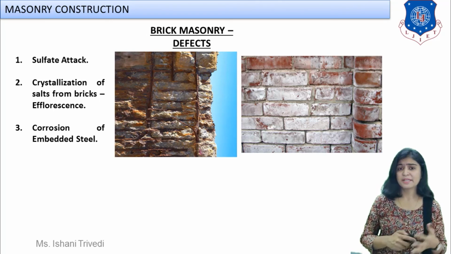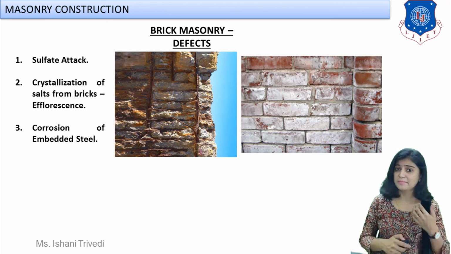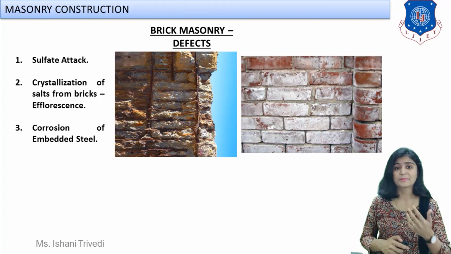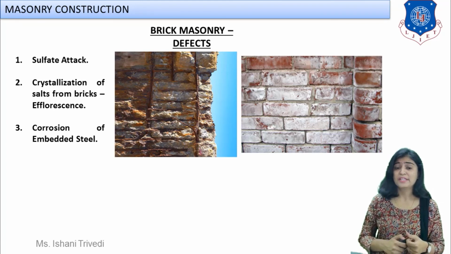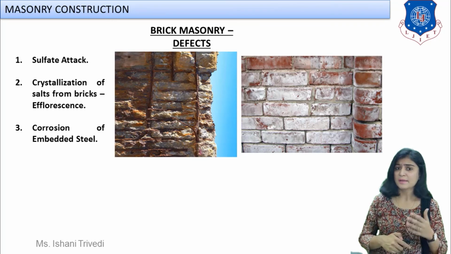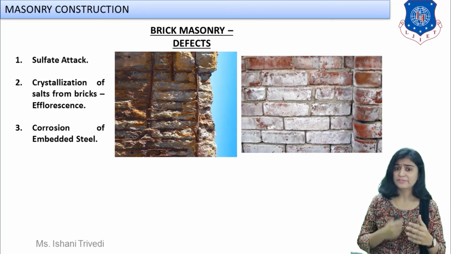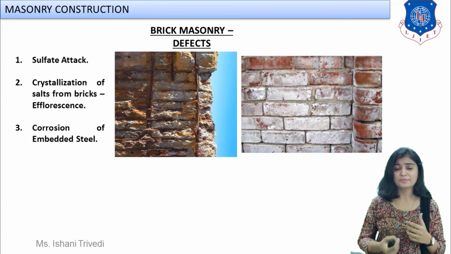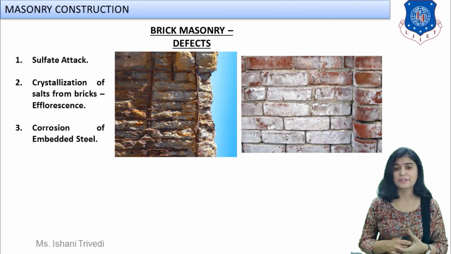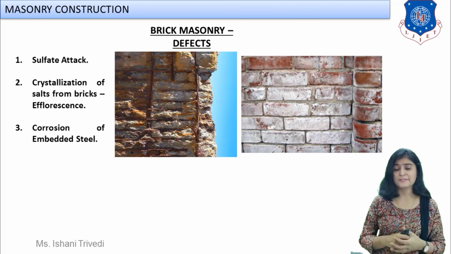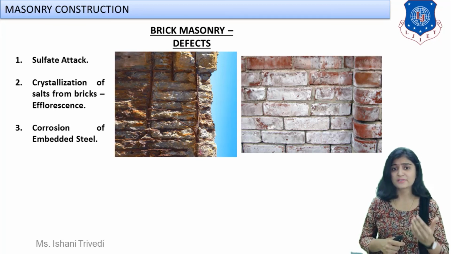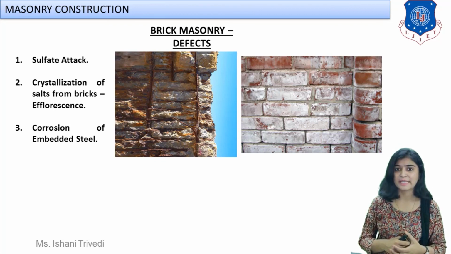Now, sometimes brick masonry construction can be reinforced brick masonry construction. It means you are embedding steel bars, the reinforcement bars, into the brick construction, just like you do in concrete. Here, if that reinforcement steel bar is exposed to the atmosphere, or if it undergoes any kind of undesirable change, then corrosion of these reinforcement steel bars will take place.